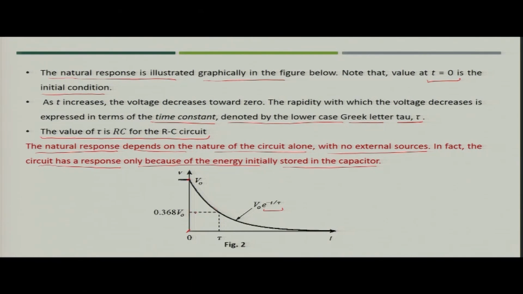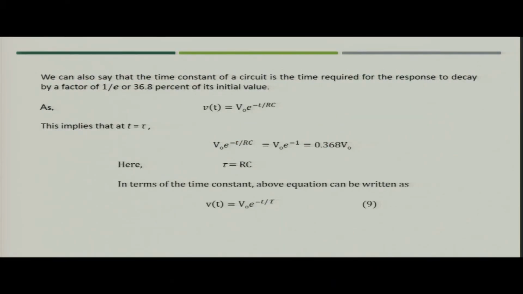Now, one important thing to know is that when time t is equal to tau, that means if you replace t with tau, this simply becomes e to the power minus 1. At that point of time, the value would be 0.368 V naught. Now, what does it mean?